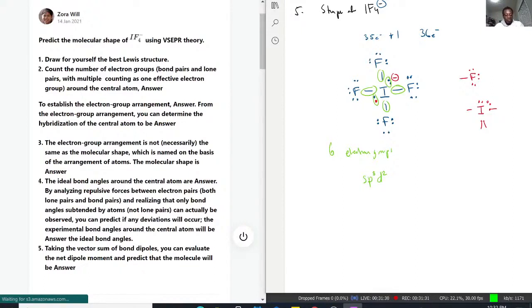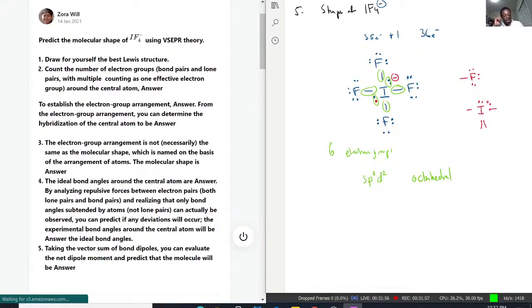And that means the electron group arrangement, if I remember correctly, would be octahedral. That would be the name for it when it has 6 electron groups.